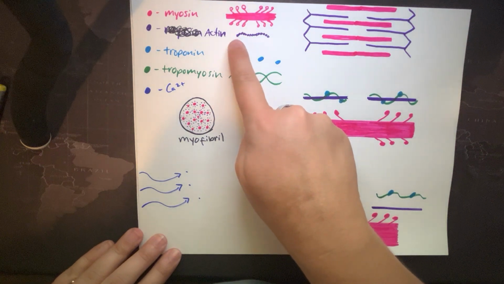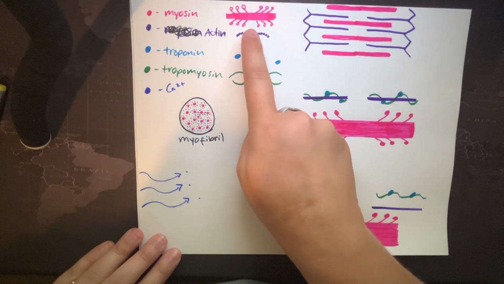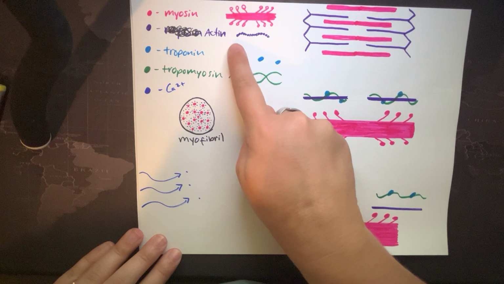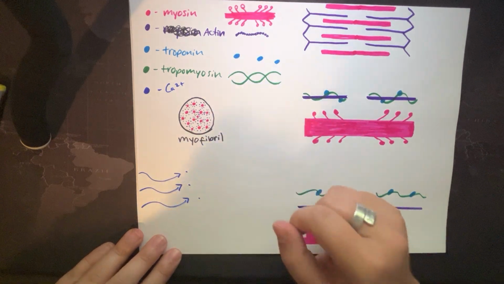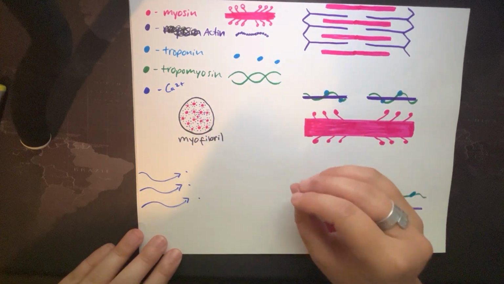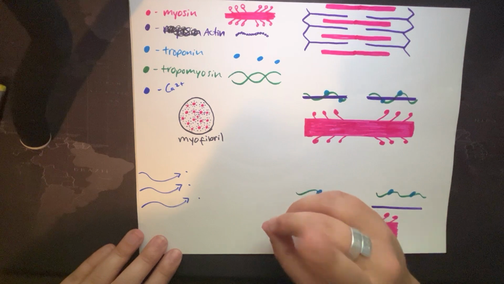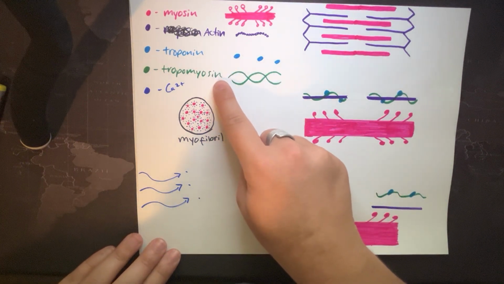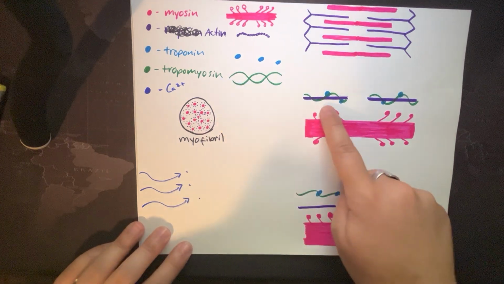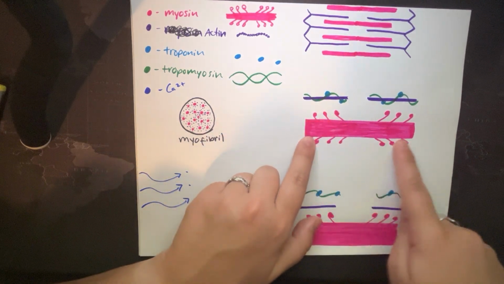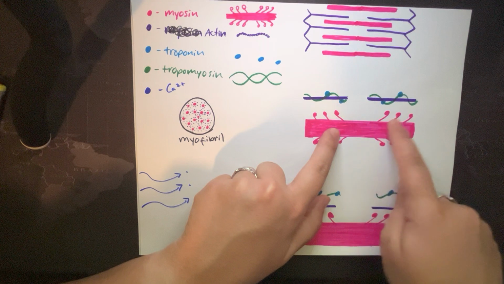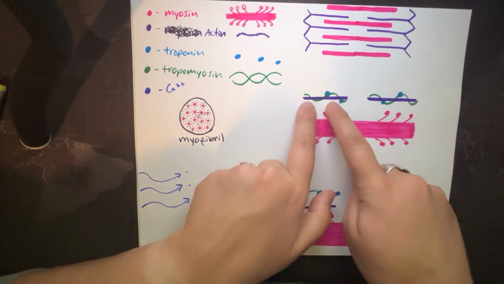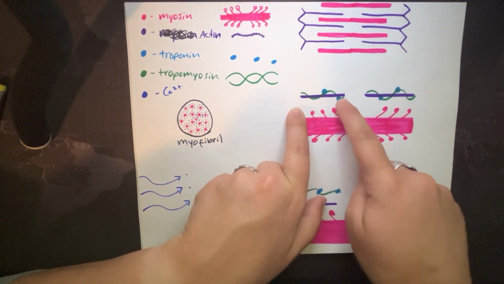But the active sites on actin are not always available, which is why we don't have constant contractions in our body when we don't actually want it. That's where our troponin and our tropomyosin are going to come in. So if we have our myosin thread here, we have our myosin heads coming off of the top. We have our purple actin thread.